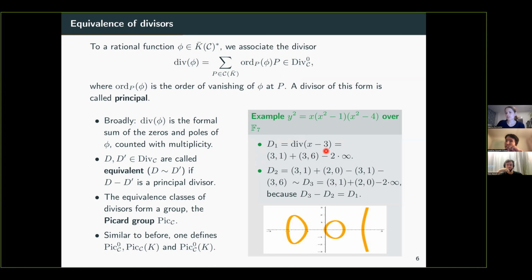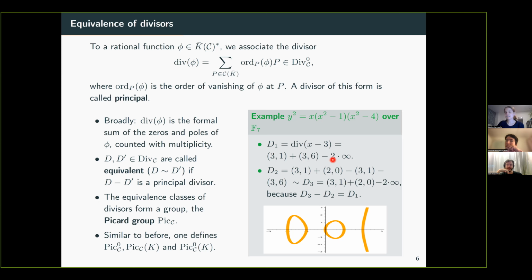The function x minus 3 is 0 if x is equal to 3. And so we have 2 points on our curve that have x coordinate 3. These are the points (3, 1) and (3, 6). Those are both zeros of the function of order 1, so they are in the support of the divisor d1.